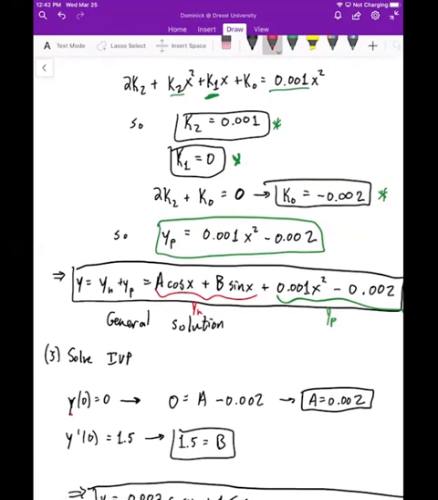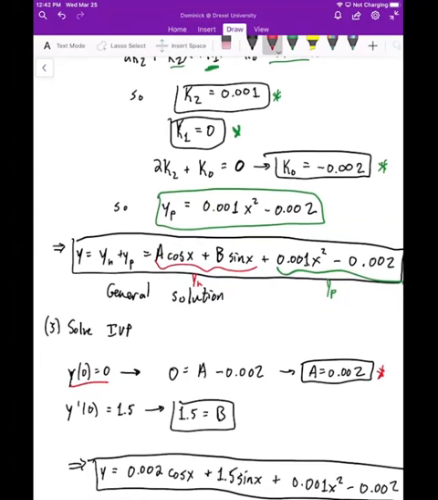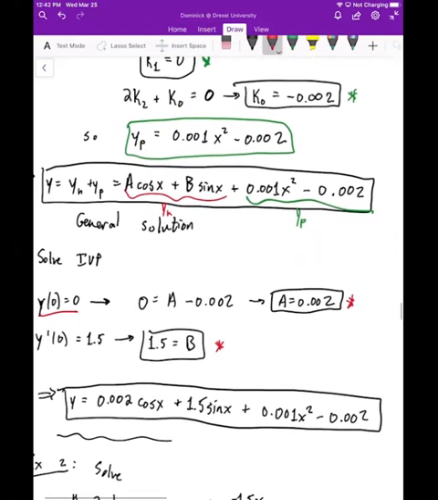If we use the fact that y of 0 is 0, we get pretty quickly that A is 0.002. And if we use the fact that y prime of 0 is 1.5, we can get that B is 1.5, and therefore our particular solution is given here.